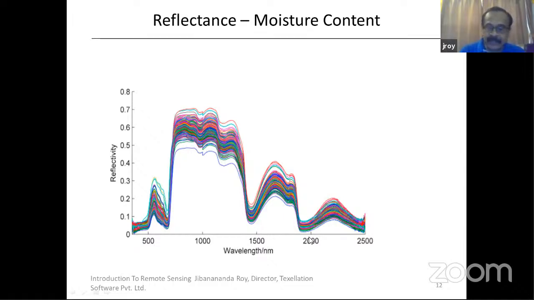Then of course there is another gap. So if you can design your sensor bands, one from 2000 to 2500, 1500 to 2000, and then from 700 to 1500, you can find out a lot of other features. This is how the sensors are developed.